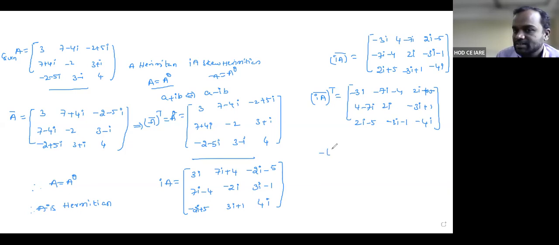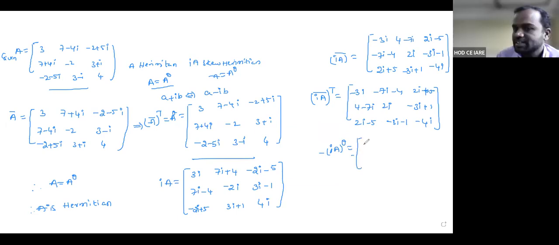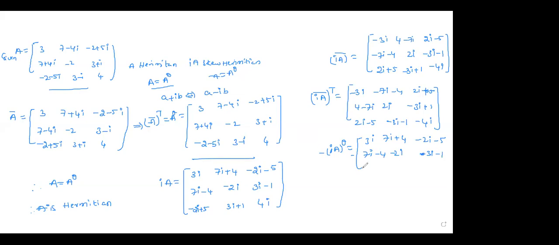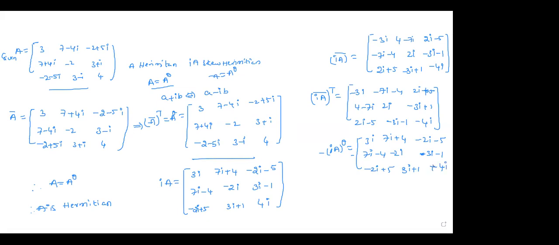Minus common తీస్తే minus of iA whole power of theta is equal to minus common తీసేసుకుంటే: 3i, 7i plus 4, minus 2i minus 5; next 7i minus 4, 2i, minus 2i; next 3i minus 1; next minus 2i plus 5, 3i plus 1, plus 4i.